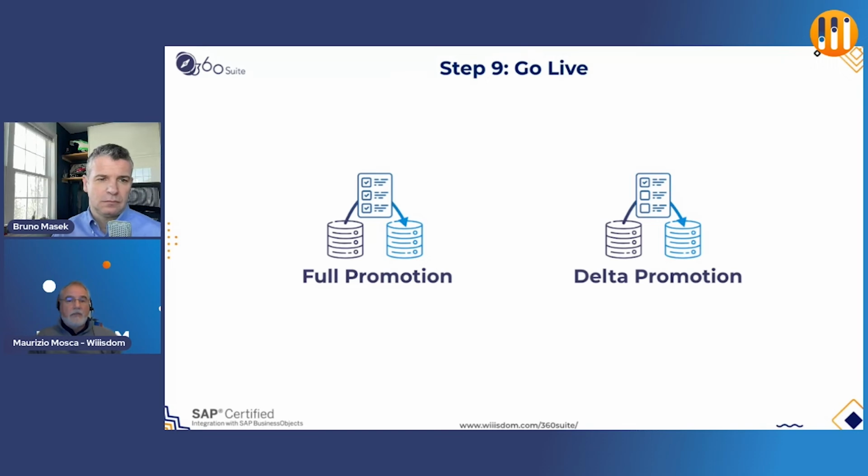Again, you can take full advantage of the Delta promotion capabilities, which means you can basically maintain the two systems in sync without any manual intervention at all, apart from setting up the tasks and scheduling them to run regularly. You can run this every day, every night in Delta mode. Whatever is changed or needs to be promoted gets promoted automatically. Nobody notices, everybody's happy, nothing to complain about.